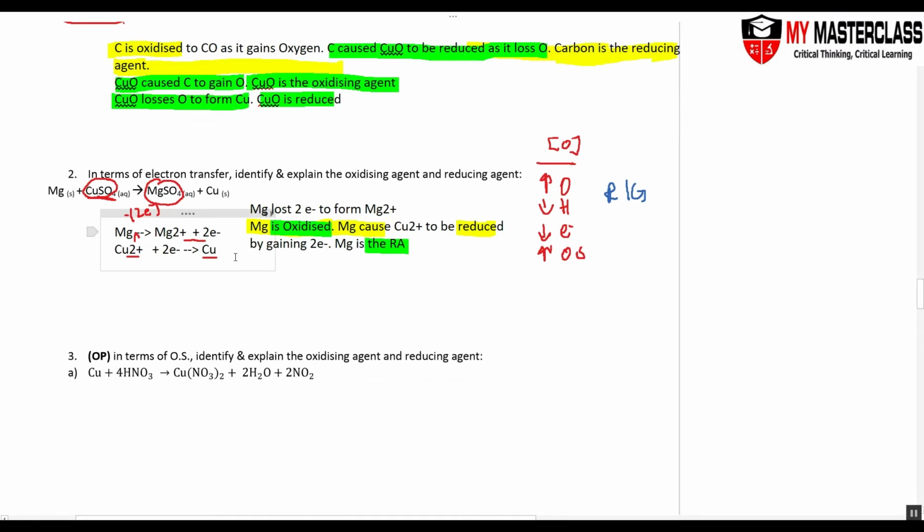On the other side, look at your copper. My Cu2+ gains 2 electrons to form Cu. When it gains electrons, it is reduced because reduction is gain. What caused it to be reduced? The Mg.